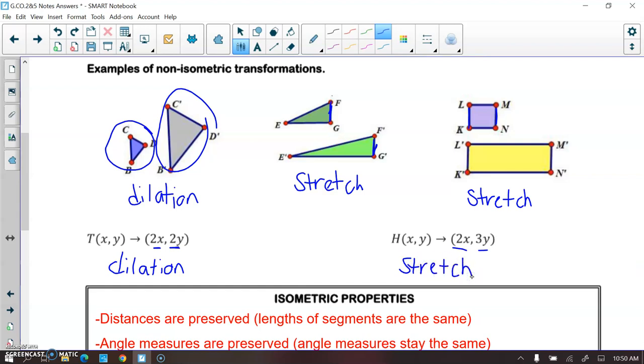Now, if I'm multiplying x or y by 1 or -1, that means that you're not doing a size change there. So you can multiply by 1 or -1, that's fine, but anything other than 1 or -1 being multiplied by x or y would be considered a size change.